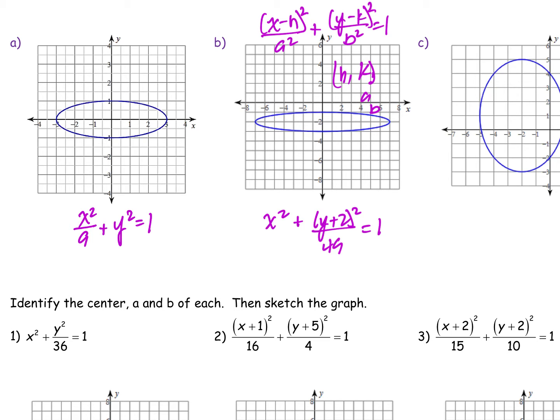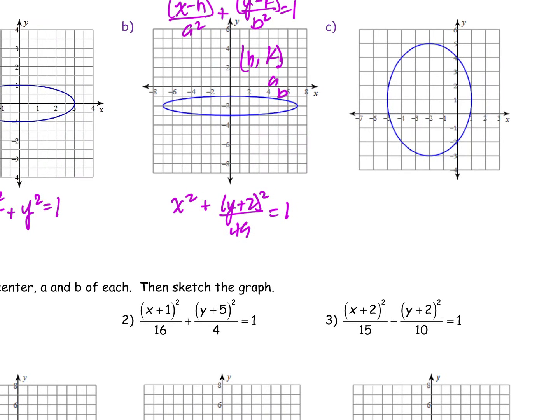The equation's on the first page, at the bottom. I highlighted it. Okay. And the last one is (x plus 2) squared over 9 plus (y minus 1) squared over 16 equals 1. Questions?